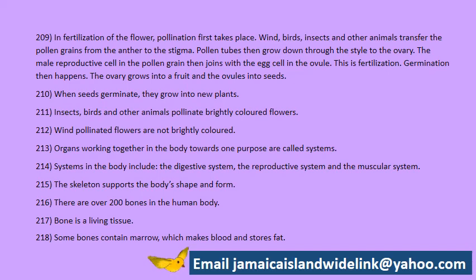So pollination first takes place. That's a transfer of the pollen grains from the male part of the flower to the female part of the flower. Then fertilization takes place when the male and female reproductive egg cells join together. When seeds germinate, they grow into new plants.